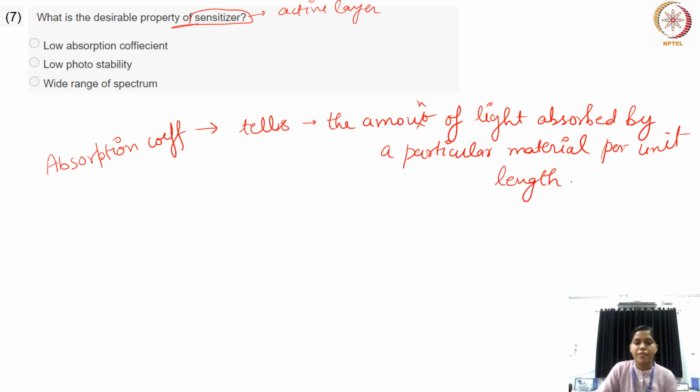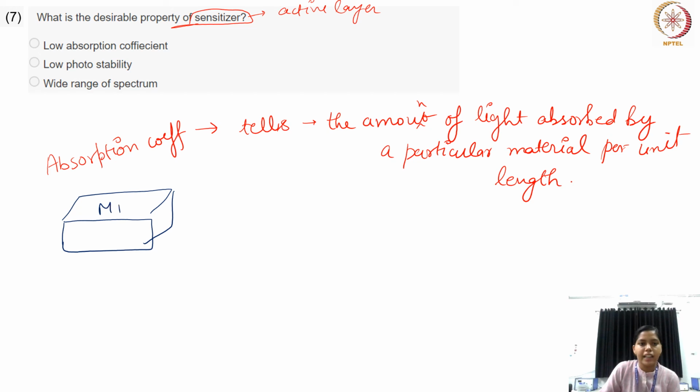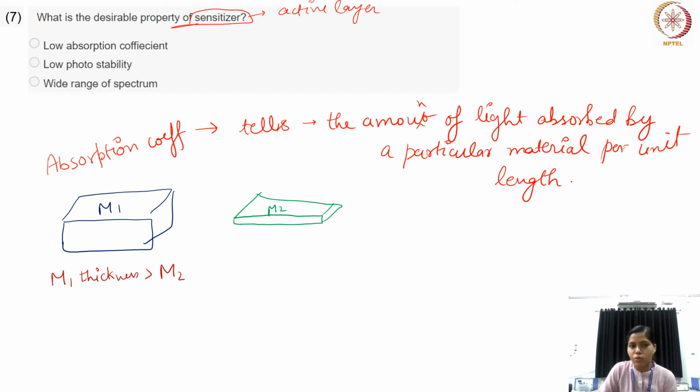Suppose I consider two materials, one is this material, say M1, and another is this material M2. I'm saying that the thickness of material 1 is greater than the thickness of material 2, which is also visible from these two boxes.